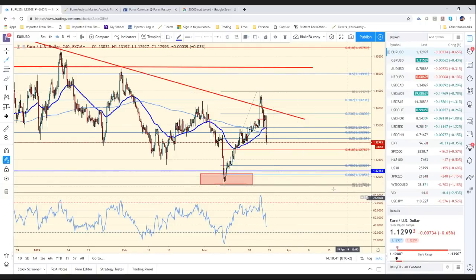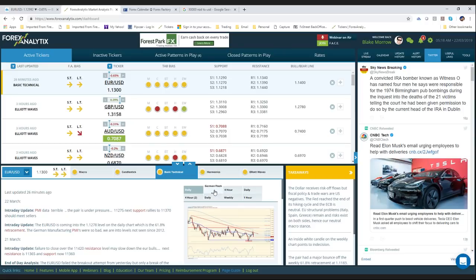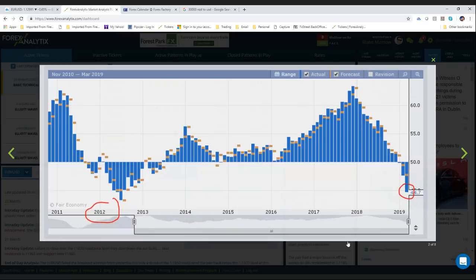Okay, so one of the things that I want to show you here, if you look at the euro dollar, go to basic technical analysis. I want to show you this flash PMI number. This is the flash manufacturing PMIs that came out overnight. German. Those are numbers we haven't seen since 2012.